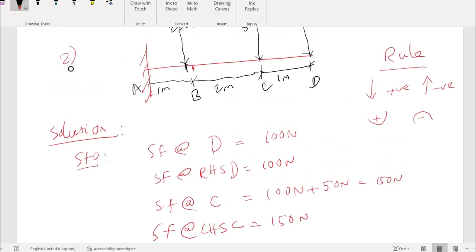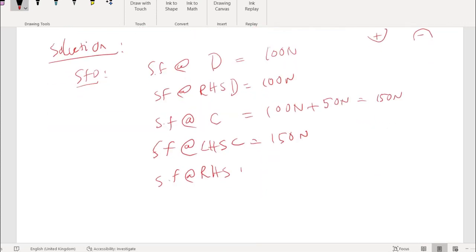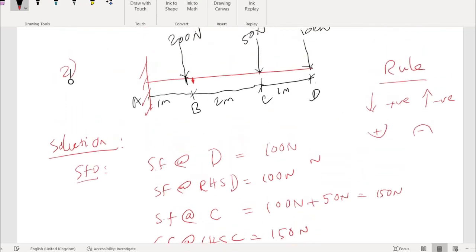At this point where I marked red, until B it will still be living with 150 newtons, because no change in between right hand side of B and left hand side of C. That is why it's still maintaining 150 at this point. Delete, otherwise you confuse. Okay, then moving on.